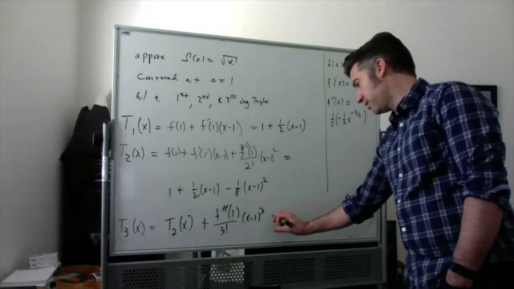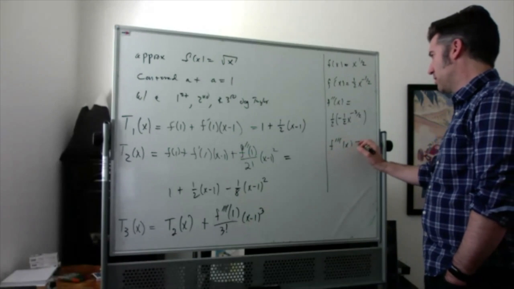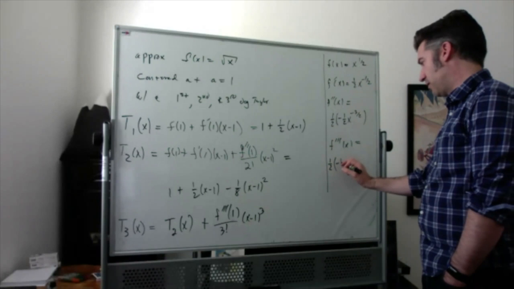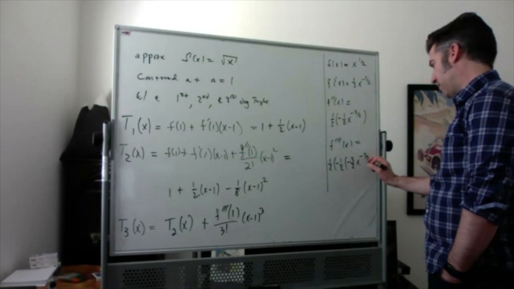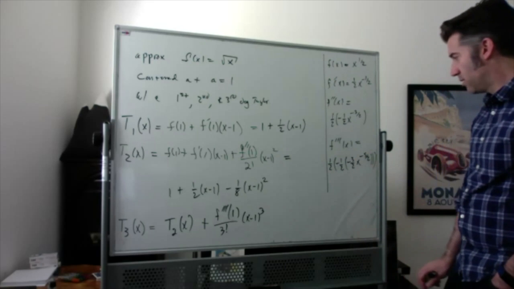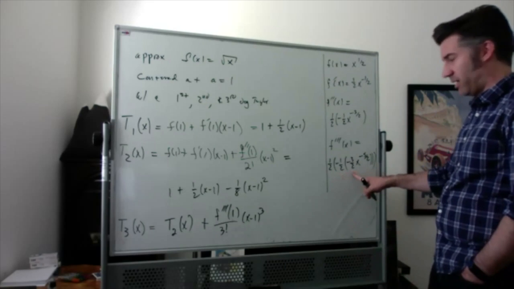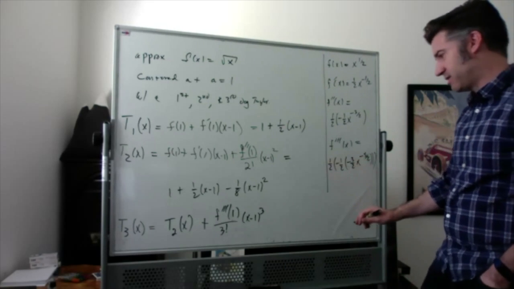So I need f triple prime of x. The negative 3/2 comes down, so I get 1/2 times negative 1/2 times negative 3/2 x to the negative 5/2. Which when I plug in 1 gives me 1/2 times negative 1/2 times negative 3/2 times 1. So that's going to be 3/8.